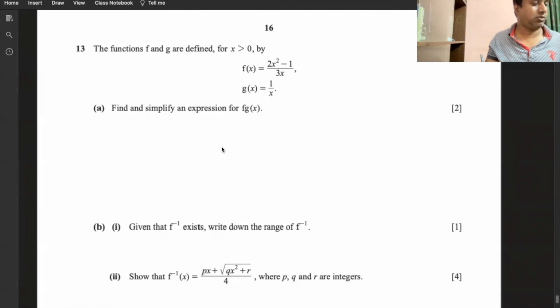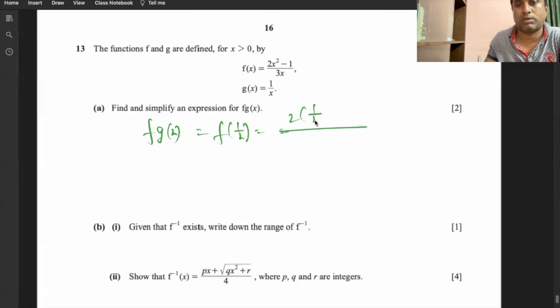This is the last question maybe. There are 13 questions. That is fg, f and g of x, two functions are given. g(x) is substituted by 1/x, and then there will be 2(1/x) whole squared minus 1, over 3 times 1/x, so 2/x² minus 1 over 3/x.